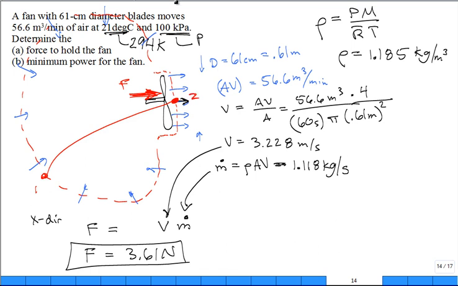And it goes through the fan, and when it goes through the fan it adds some energy to it. We can put it in terms of pressure, energy per unit mass, or energy per unit weight. Either form of those modified Bernoulli's equations will work.